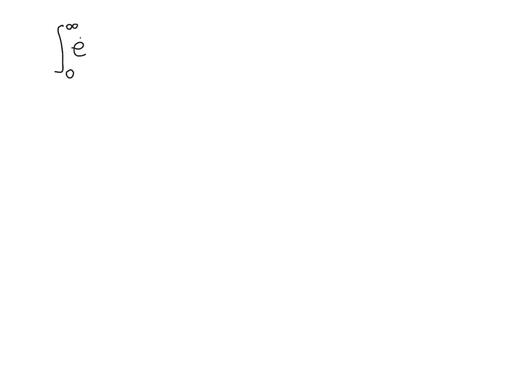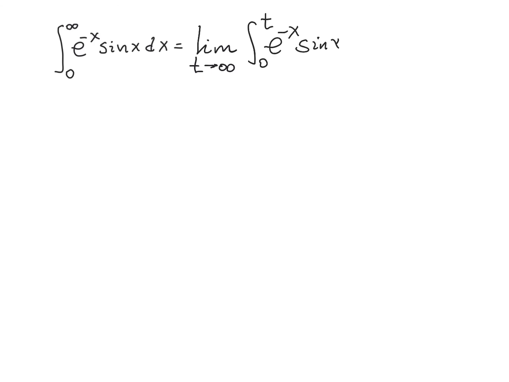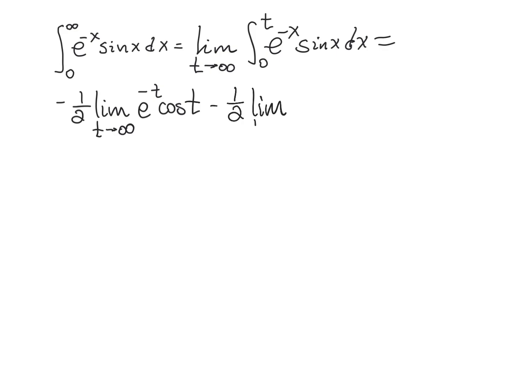And so the improper integral from 0 to infinity of e to the negative x sine x is the limit as t approaches infinity of the integral from 0 to t of e to the negative x sine x, which is equal to minus 1/2 times the limit as t approaches infinity of e to the negative t cosine t, minus 1/2 times the limit as t approaches infinity of e to the negative t sine t, plus 1/2.